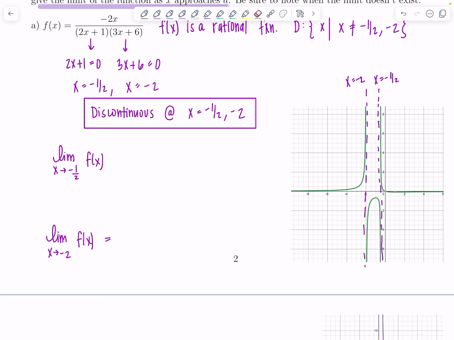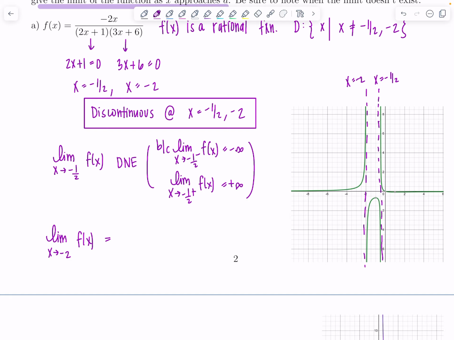So you erase that equal sign because it doesn't equal anything, and you just put DNE. If you want a little reason, I'll say because the limit as x approaches negative 1/2 from the left of f of x is negative infinity, and the limit as x approaches negative 1/2 from the right of f of x is positive infinity.